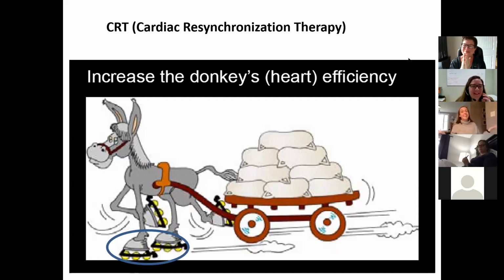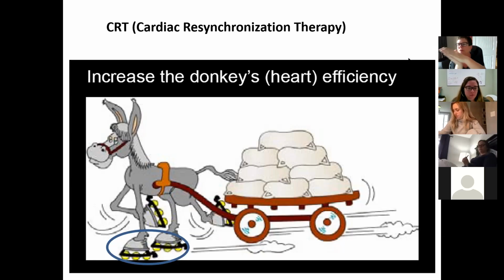In the middle is this intraventricular septum that should stay in the middle when you get equal contraction. But when you have a bundle branch block, this is what's happening. One ventricle is contracting before another.